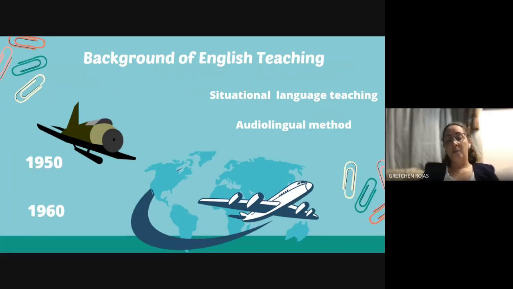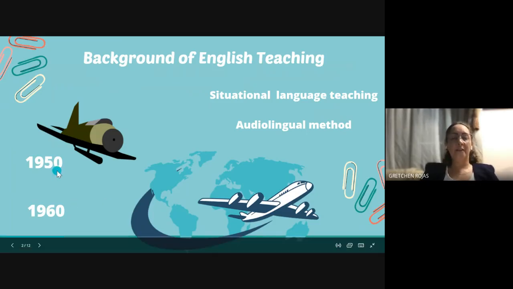Imagine people traveling, and others doing lots of transactions, and they needed one language in common. So there was a need to find new methodologies to meet the changing needs of the learners. Around the 1950s and the 60s, those were times of methodological excitement. They needed new things.